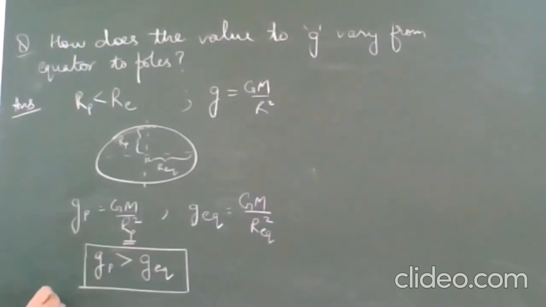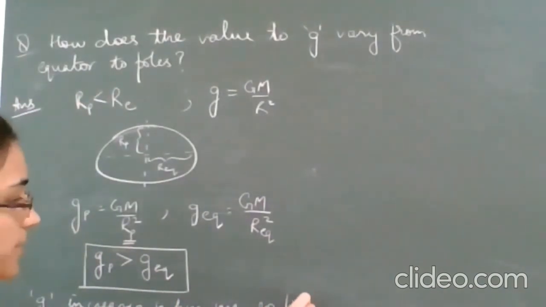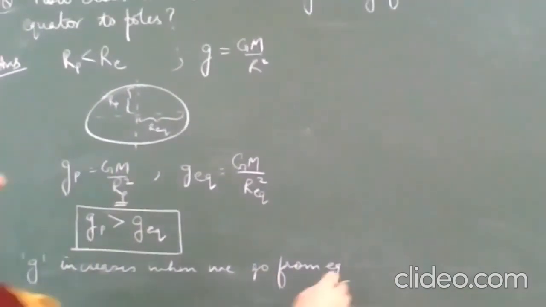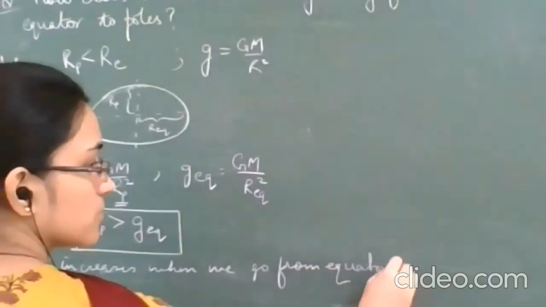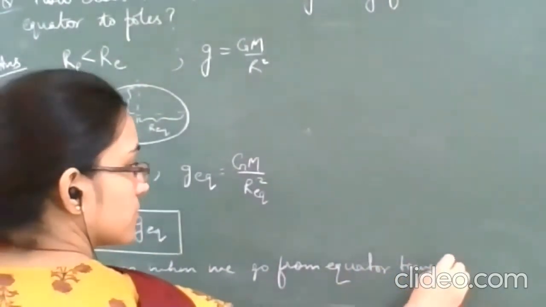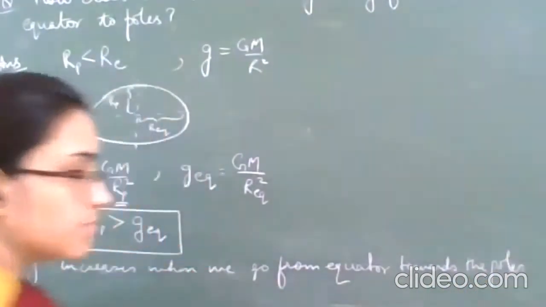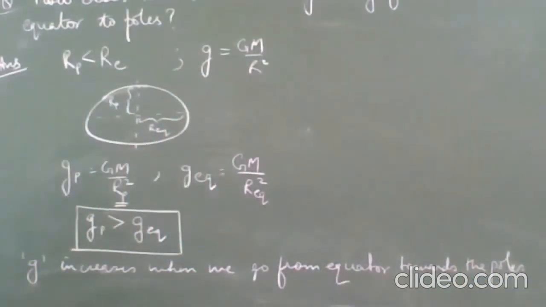When we go from equator to poles, the value of small g increases.